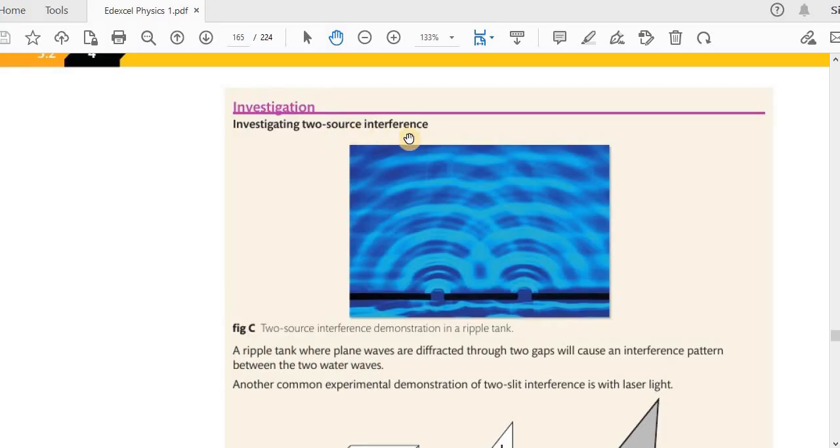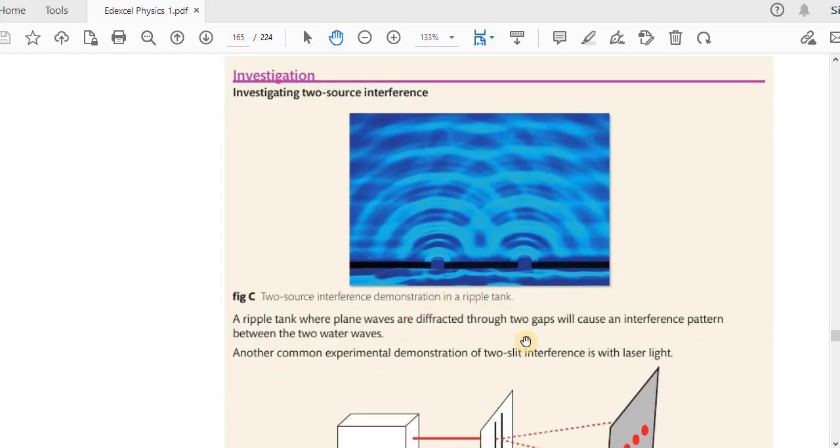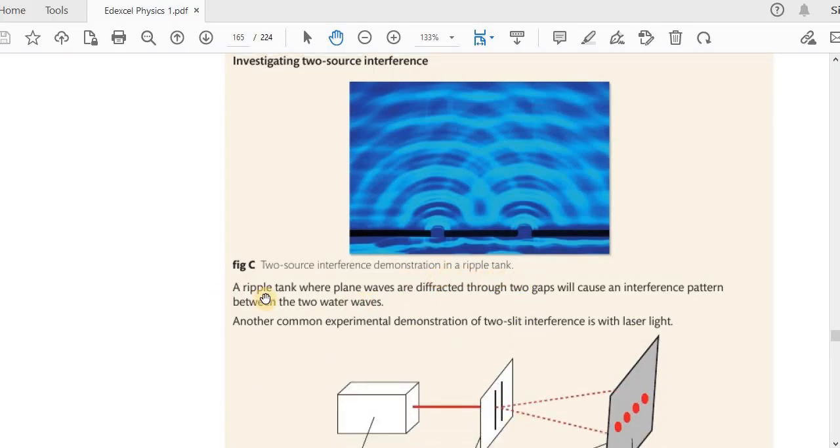Investigating two source interference. So you can see the water waves here in a ripple tank. Two source interference demonstration in a ripple tank. I think previously also we have seen the ripple tank even in the IGCSE or O-level classes. You would have come across the ripple tank.